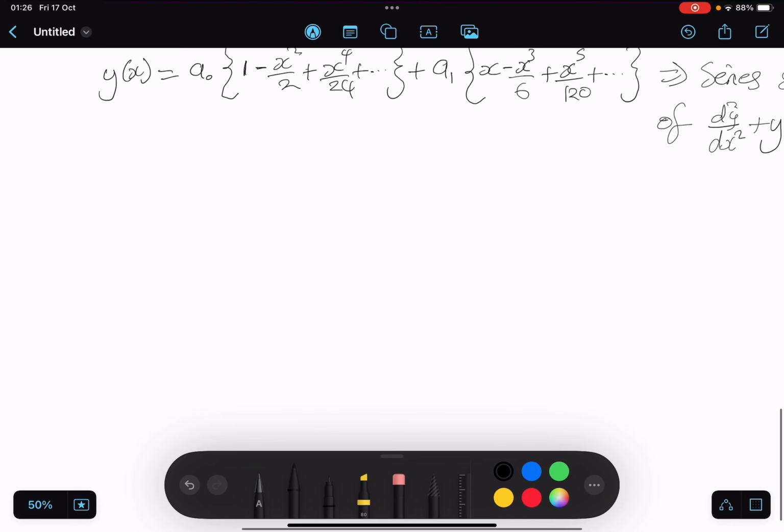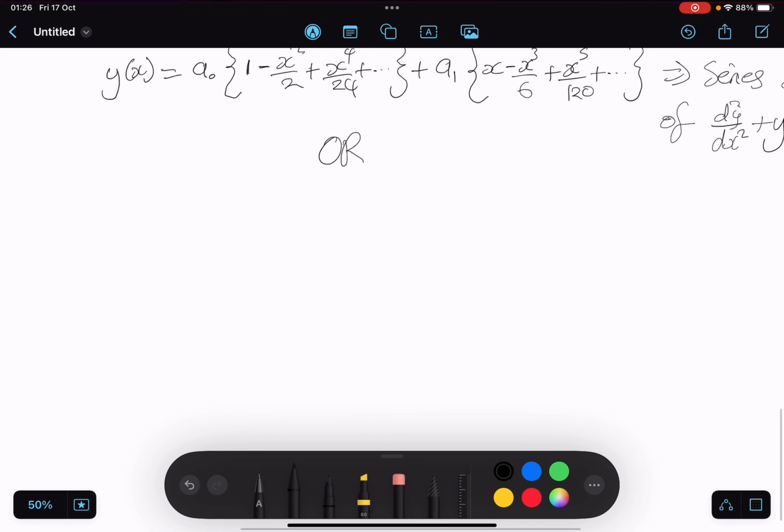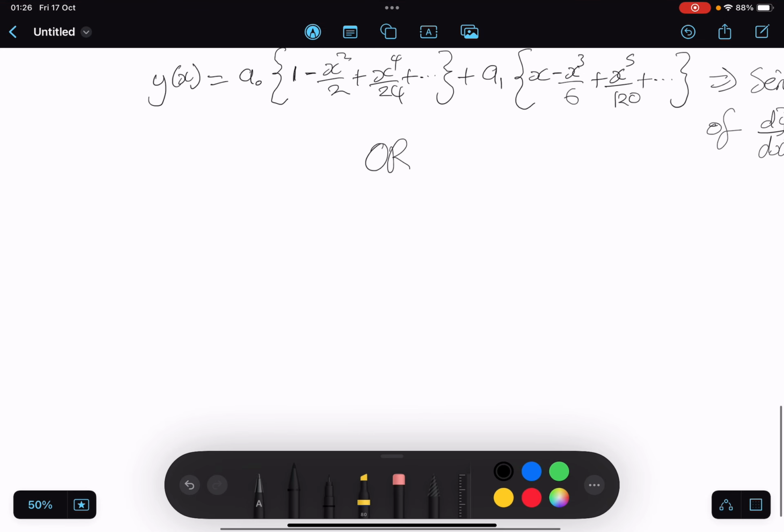So solving the same problem using another method, I'm given d squared y dx squared plus y is equal to 0. We are still looking at the power series solution for the differential equation, but there's another way you can solve this equation.